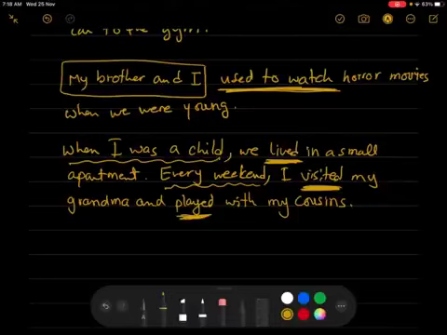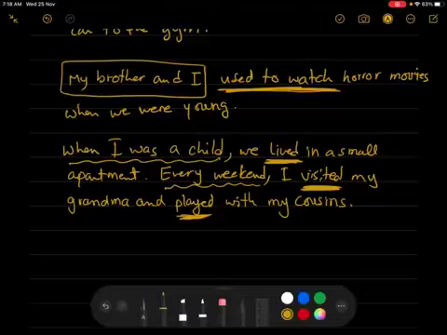When I was a child, we lived in a small apartment. It equals to we used to live in a small apartment. So you have the opportunity to say we lived in a small apartment, or we used to live in a small apartment.